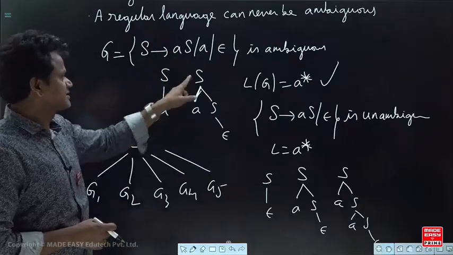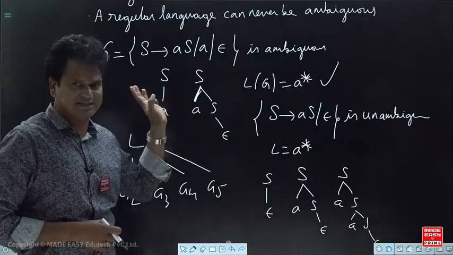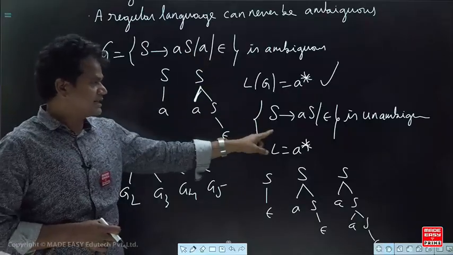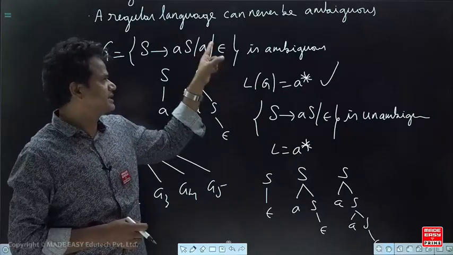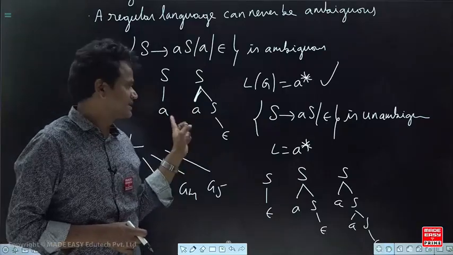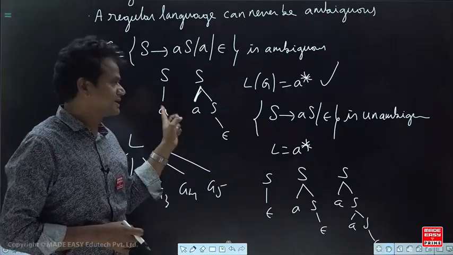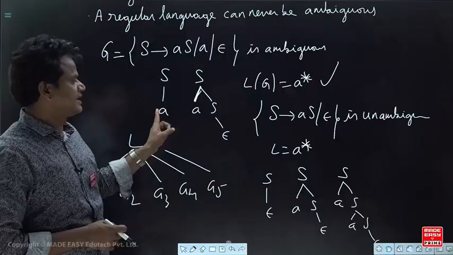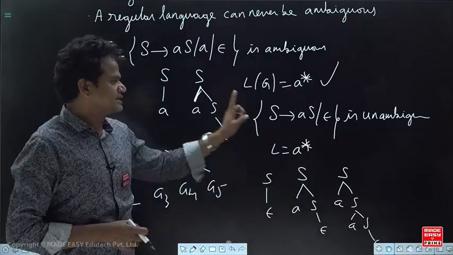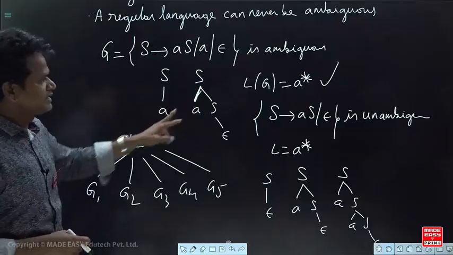This grammar is unambiguous and it produces A star, and this other grammar also produces A star, but S derives A, S derives A S gives A in two different parse trees. So it is ambiguous, because it gives two different parse trees for A, whereas in the other every string has a single parse tree. Both give the same language.